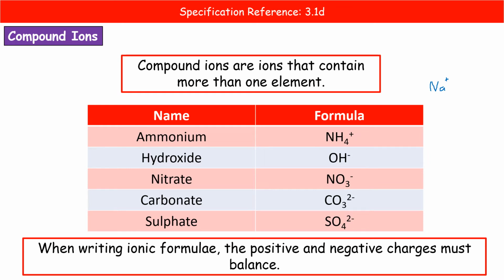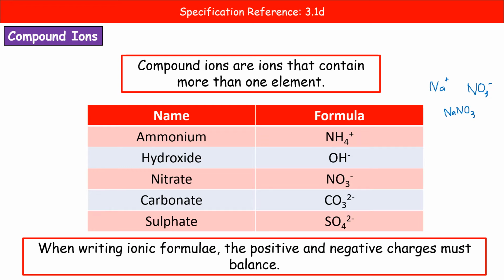And then nitrate is NO3- ion. So if we're going to join these together, we've got to make sure there are the same number of positive as negative charges. So we have 1 positive charge on sodium, 1 negative charge on the nitrate. So in fact, 1 sodium ion is going to join with 1 nitrate in order to make sodium nitrate.